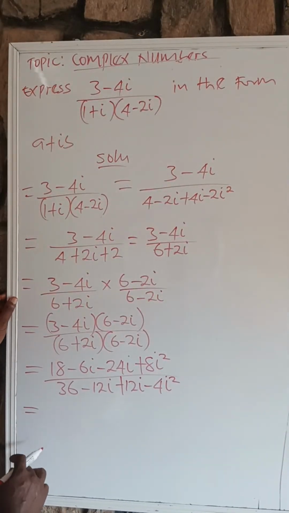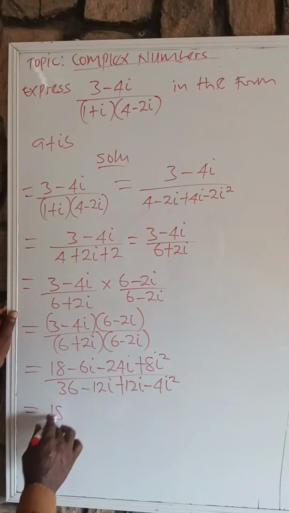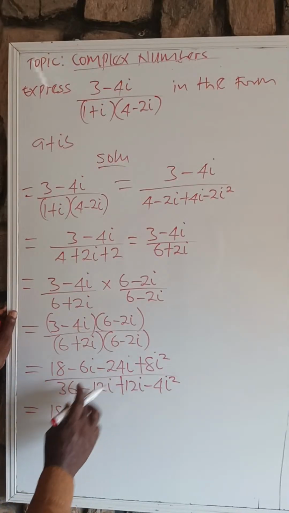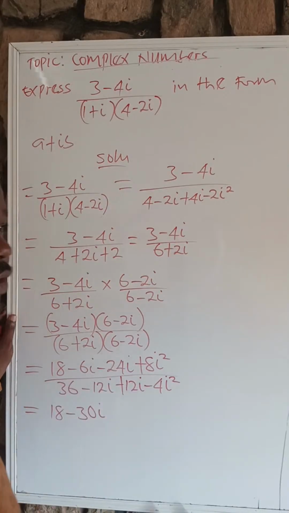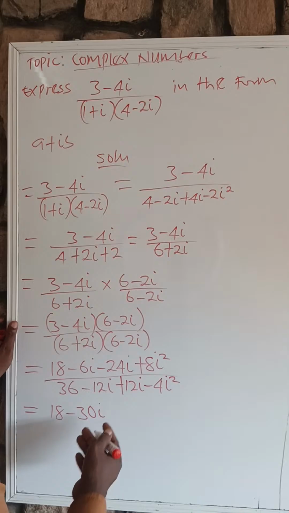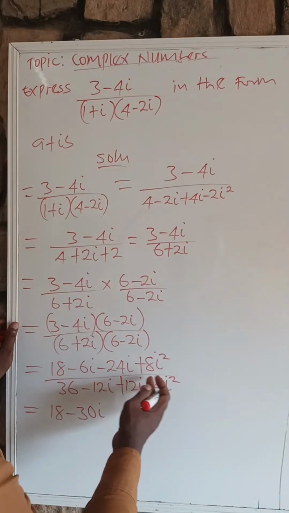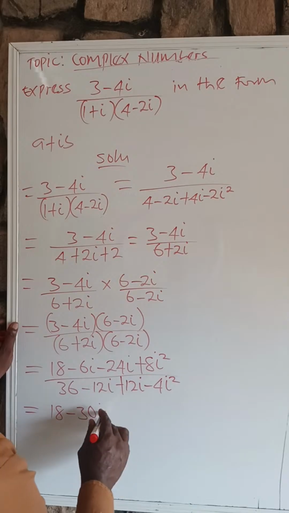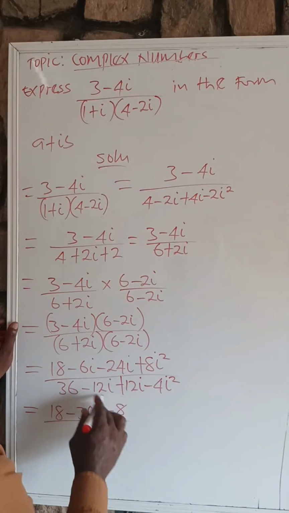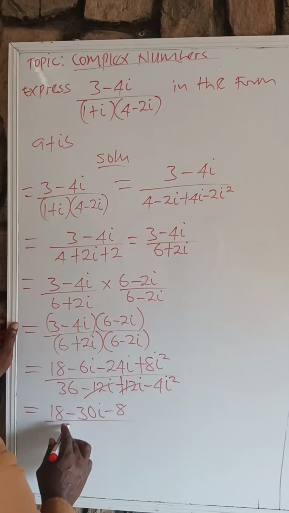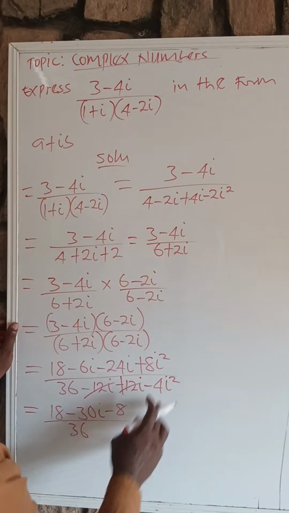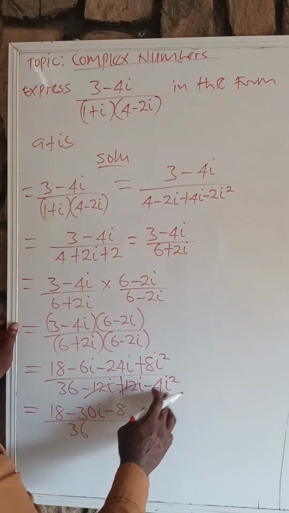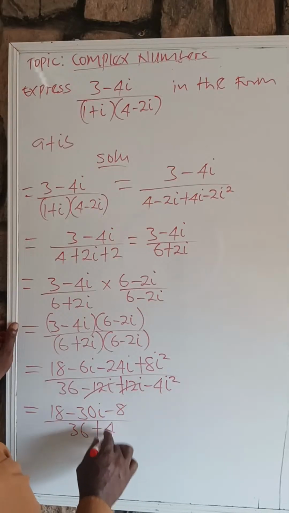This is equals to 18, this minus 30i, because minus 6i minus 24i, just like minus 6 minus 24 is 30. Then this will be I squared is minus, so minus times plus 8, minus 8 all over. This and this will cancel. Then here is 36. This will be what? Minus 1 times minus 4, plus 4.